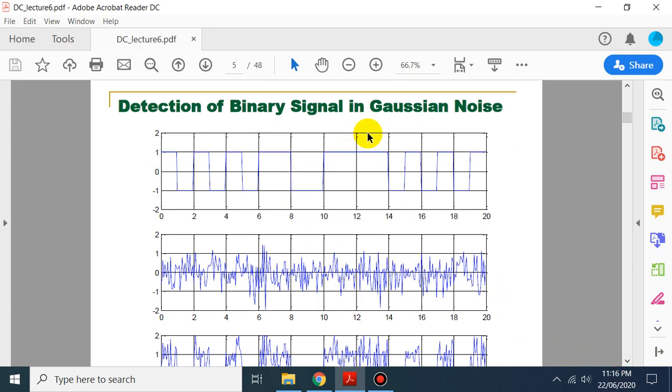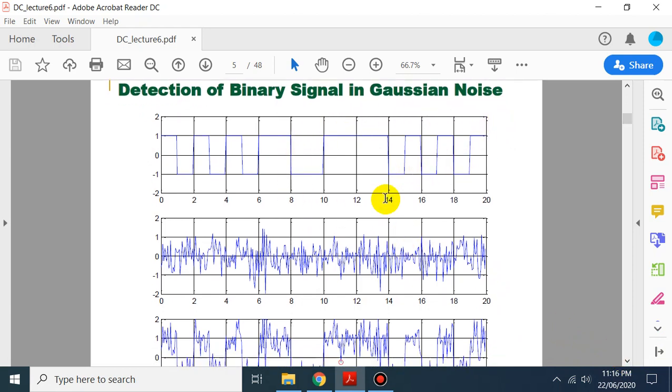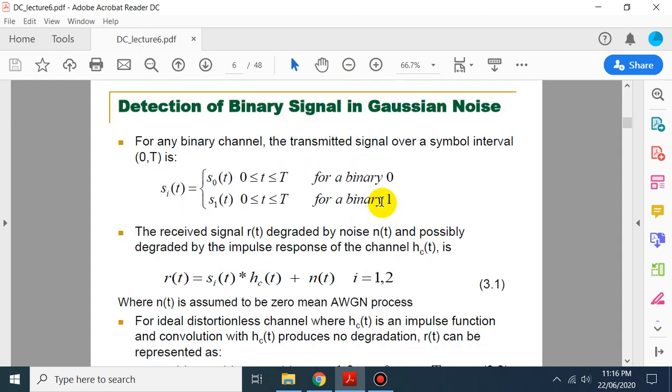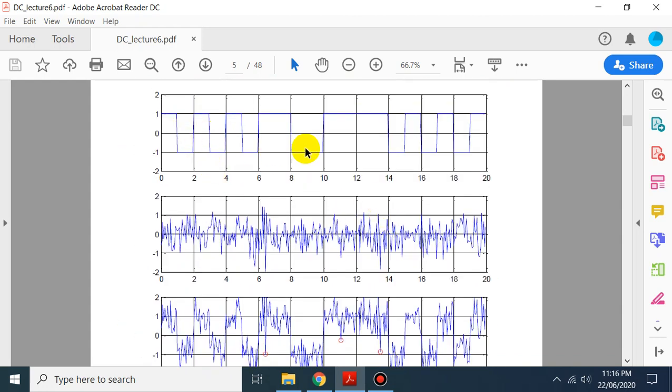Now this is the detection of a binary signal in Gaussian noise. I think you have gone through these kinds of figures in your lab trainers. I will not go into detail about the spectrums here, because we are considering a theoretical, mathematical representation, so we will only talk about how we get the theoretical detection or demodulation of binary signals.